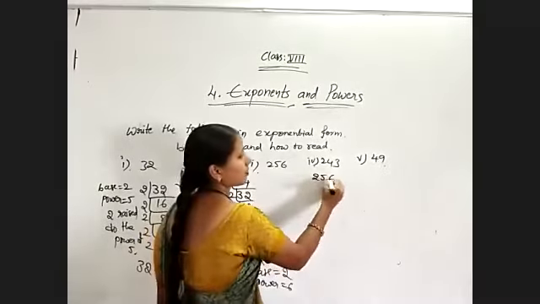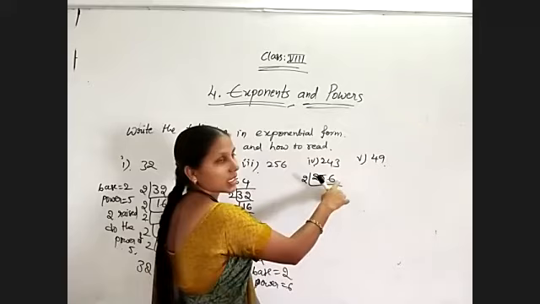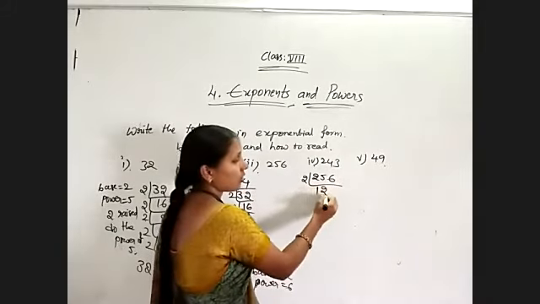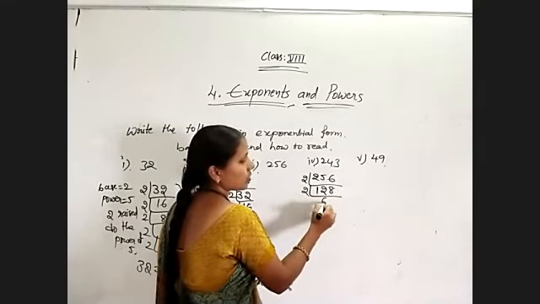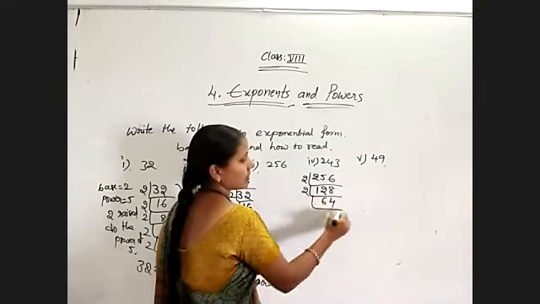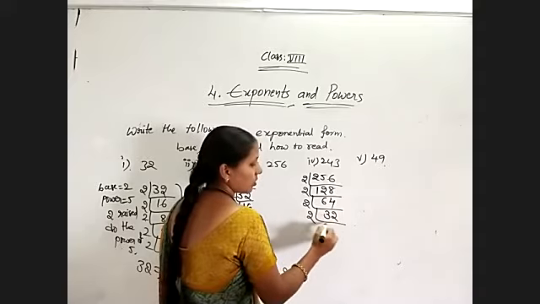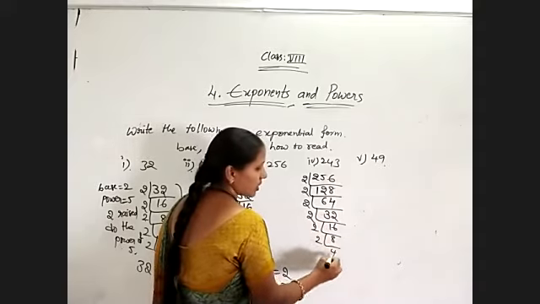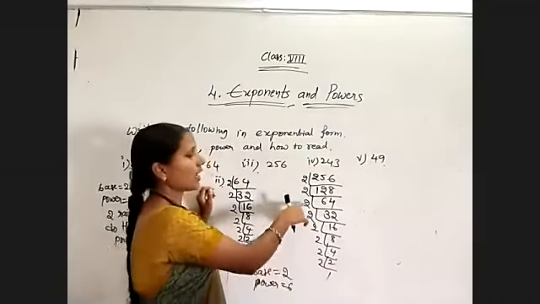Next, 256. Again the 2 table, because 6 is there. 2 ones are 2, 2 twos are 4, 2 eights are 16, 2 sixes are 12, 2 fours are 8, 2 threes are 6, again 2 sixteens, 2 eights, 2 fours, 2 twos, 2 ones. Counting: 1, 2, 3, 4, 5, 6, 7, 8.